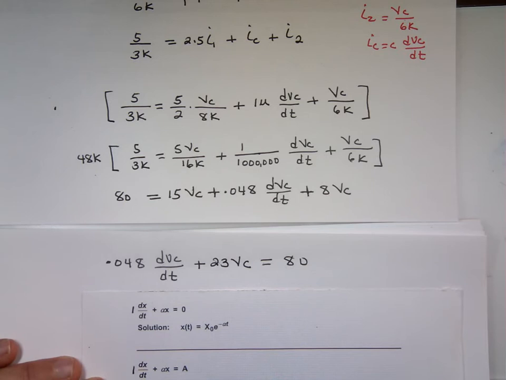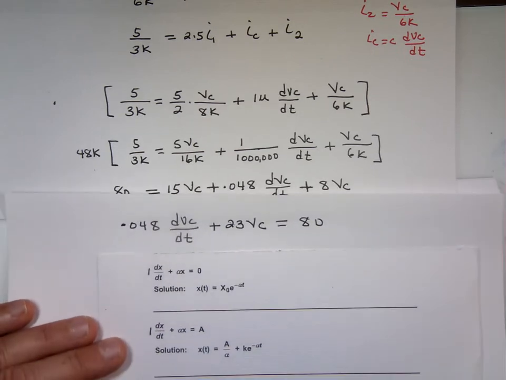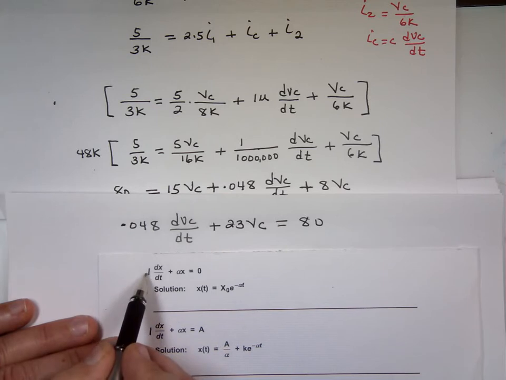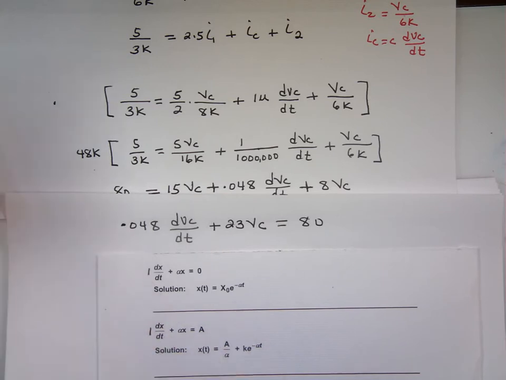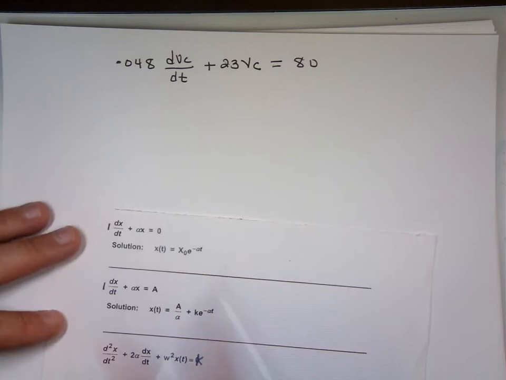So I need to make that number a 1. If you can see it here. That number was always a 1, this always a 1. So to make it a 1, I'm going to divide both sides by 0.048.